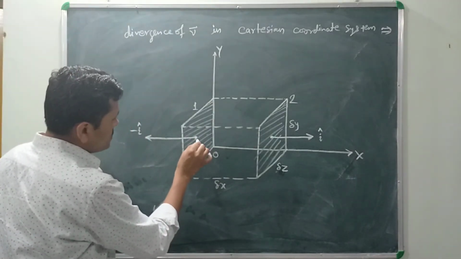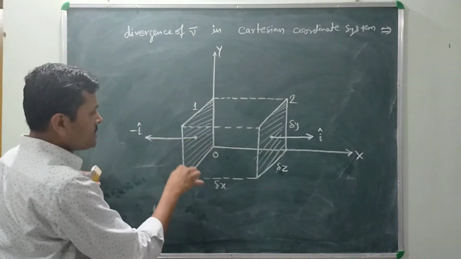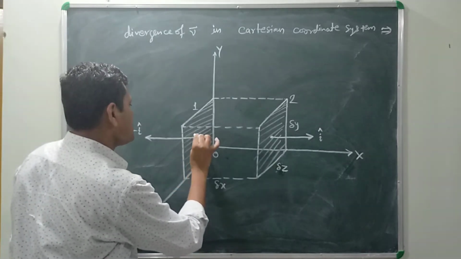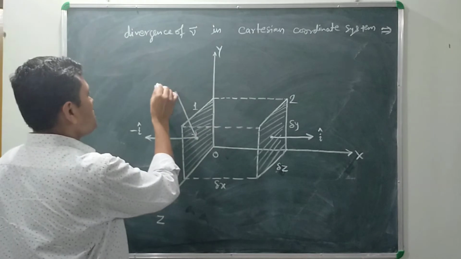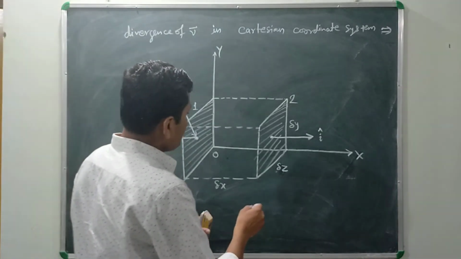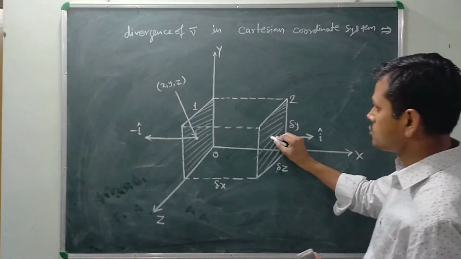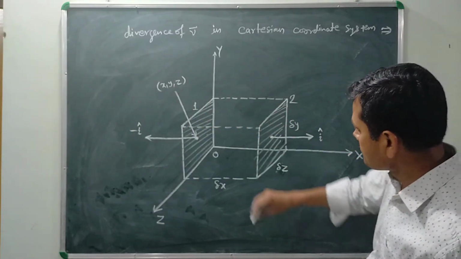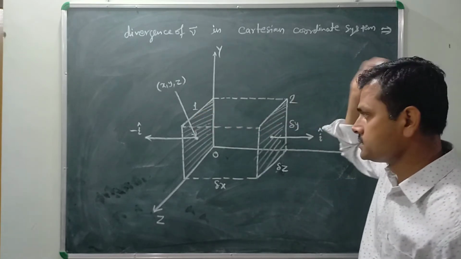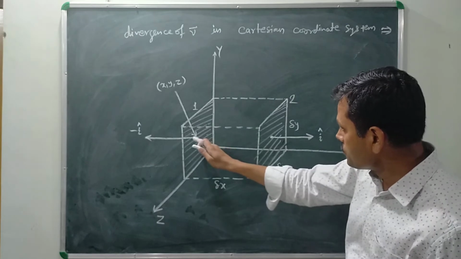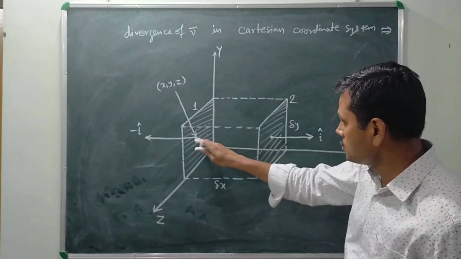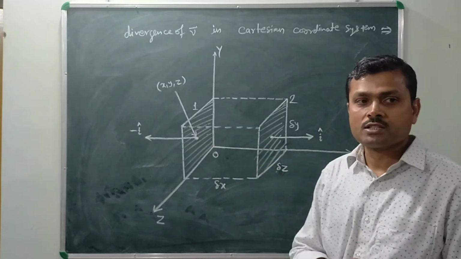Now assume that the center point of this face has coordinate x, y and z. Then what will be the coordinate of this center point? If we move from this center to this center, we are moving along x direction. So here only x coordinate will change.